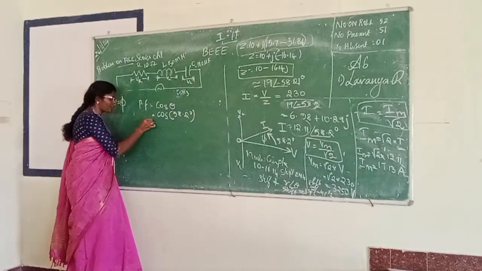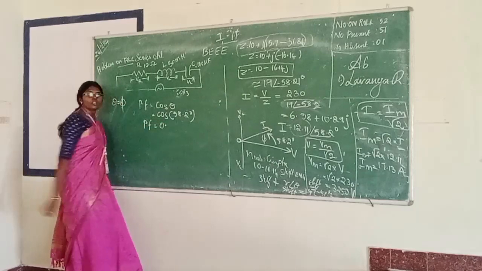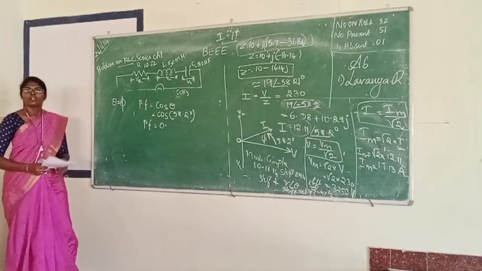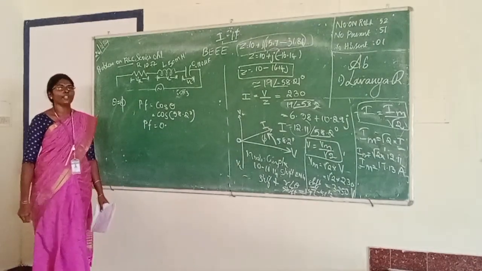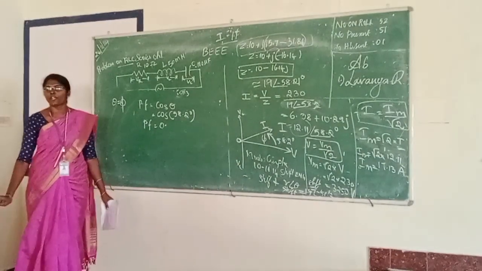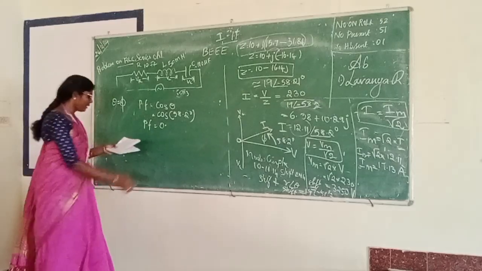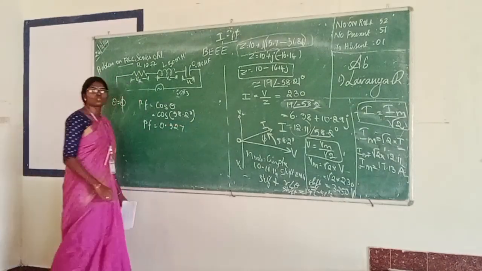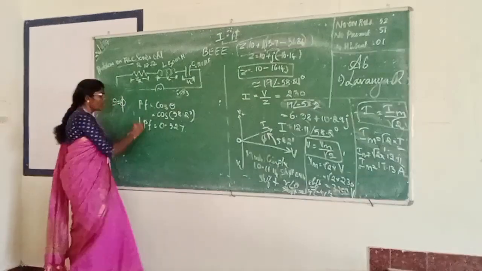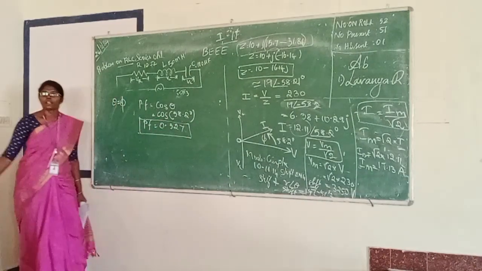What is the value of power factor then? Just do it in calculator. Cos of 58.2 degree. 0.526 something, right? When you take it as 0.527, this is your power factor.